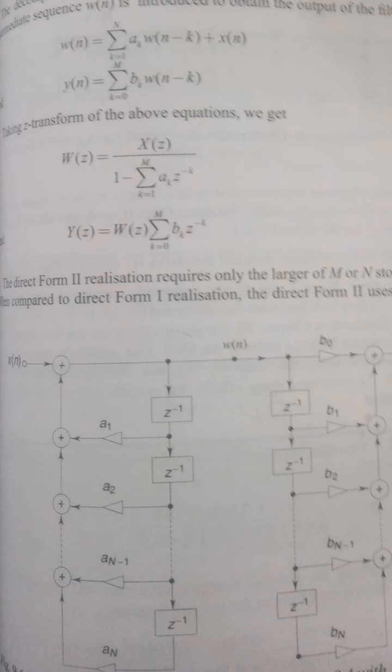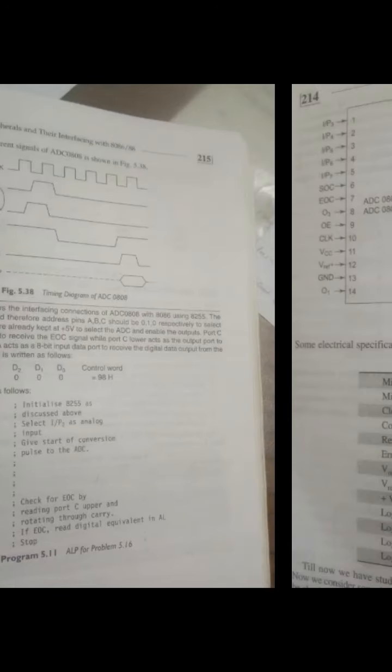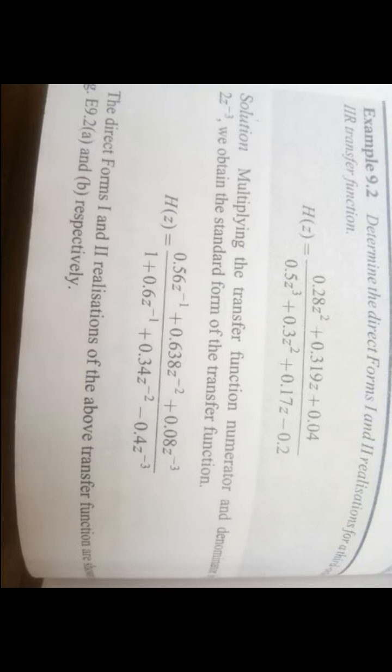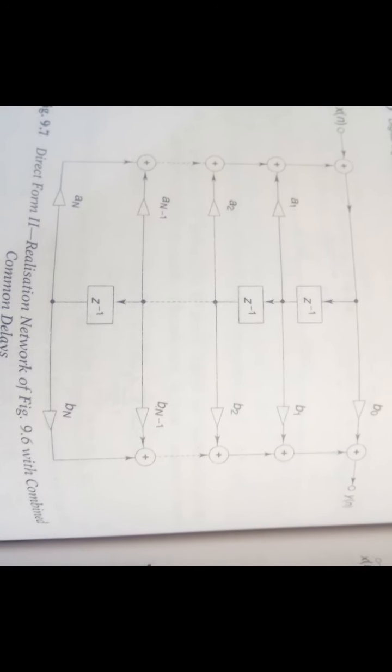The delay function, the multiplier and the adders' role you already know, and hence it can be realized like this. Now this is the combined form of the IIR filter for direct form 2.